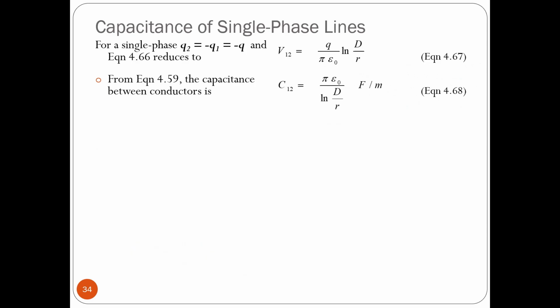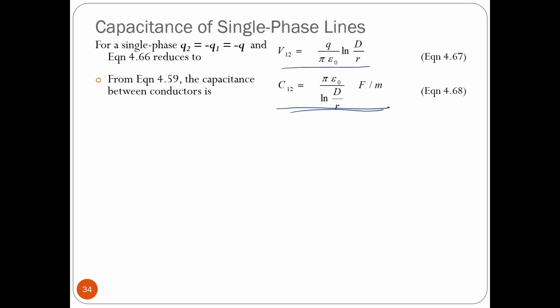Now, we assume that Q2 is equal to negative Q1 because the conductors are identical and the voltages are identical. So now it reduces to just equation 4.67. Based upon that, we apply back the earlier equation, C equals Q over V. Therefore, we have equation 4.68.